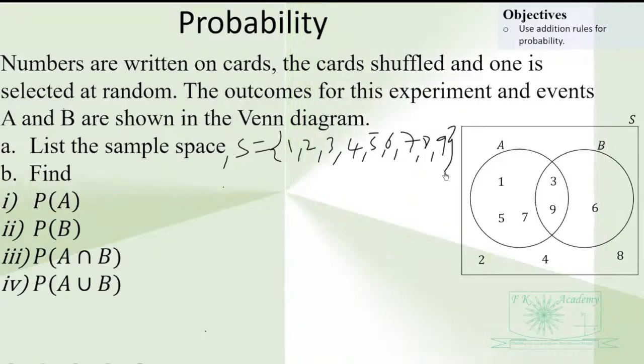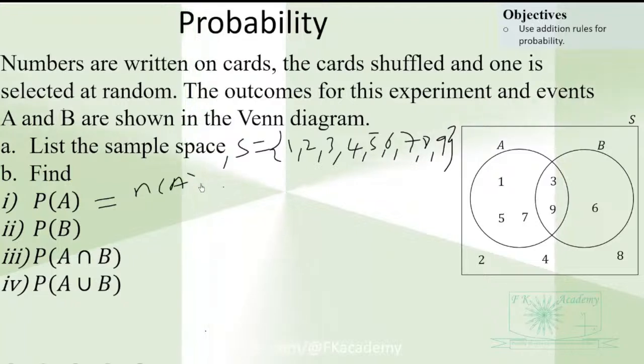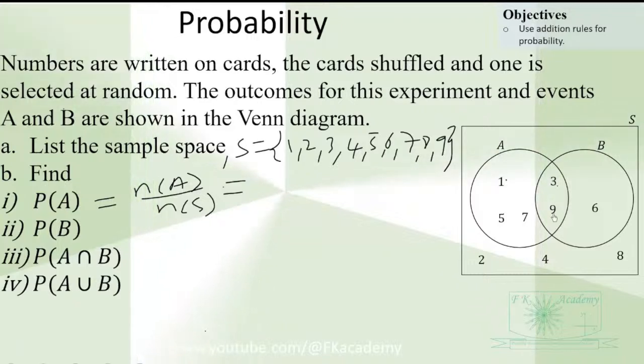Then we are supposed to find probability of event A. We know that will be number of elements in A over number of elements in the sample space. Number of elements in A, we have 1, 2, 3, 4, 5. So 5 over 9.